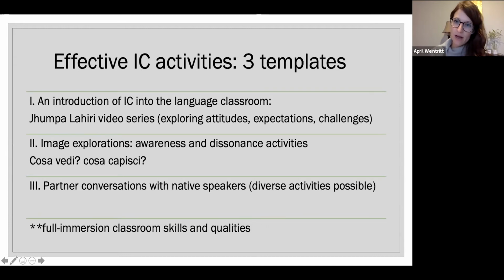These they're learning all the time. So please make sure that you are thinking about full immersion classroom skills and qualities as something that you are doing daily in your classrooms.